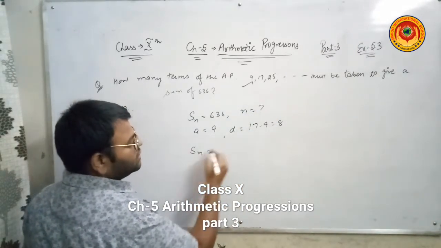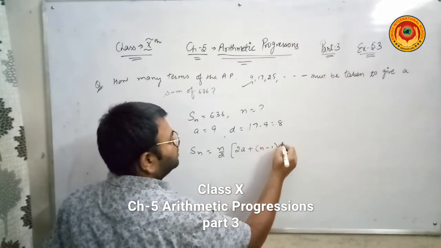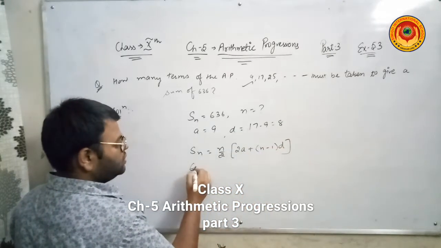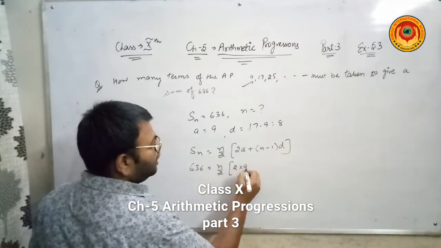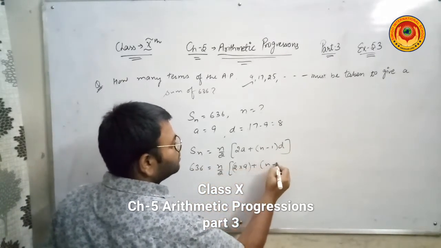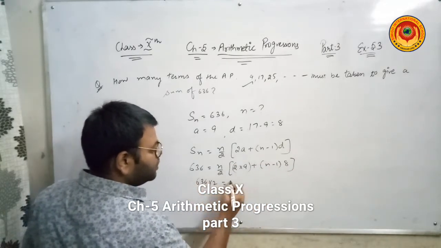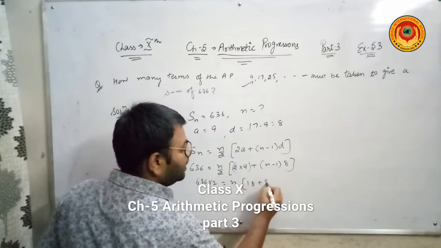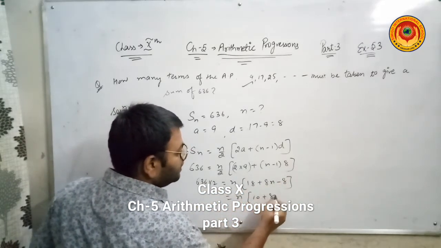So what's the formula for Sn? n by 2, 2a plus (n minus 1) into d. This is your 636, and you have to find 2 into 9 plus (n minus 1) into 8. What did it become? 636 into 2 equals n into (18 plus 8n minus 8). Just open the bracket: 10 plus 8n.